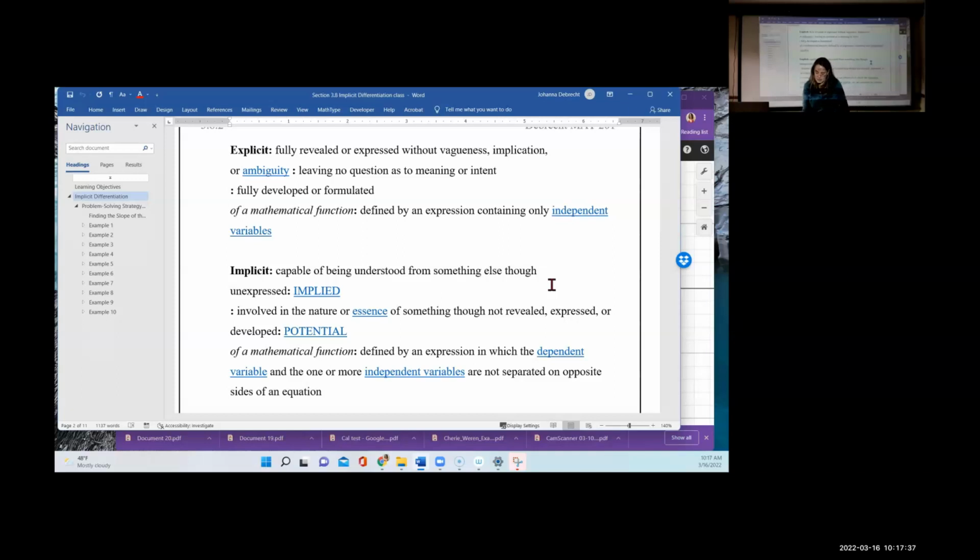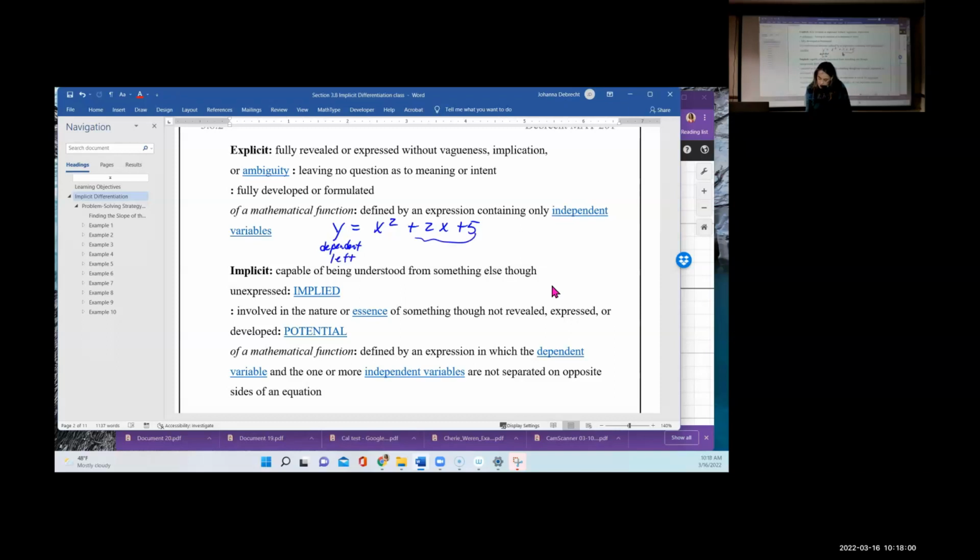So let me give you an example. Here is an explicit equation. I have the dependent variable y, all on the left side only.